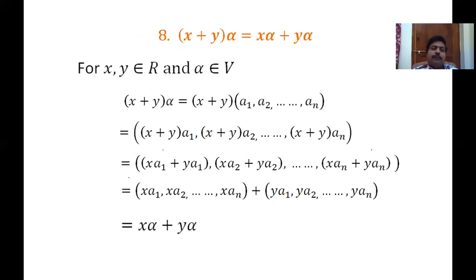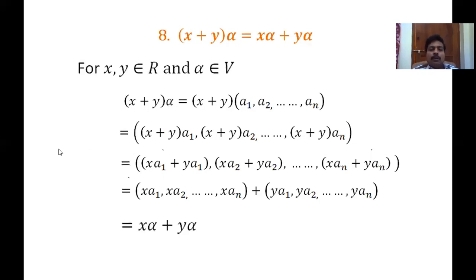Now the eighth one. (x plus y) times alpha is equal to x alpha plus y alpha. So here x and y are real numbers, the scalars, and alpha is the vector that is in V. So (x plus y) times alpha, where alpha is (a1, a2, and so on, an), is equal to: x plus y is a scalar. That scalar is being multiplied by each and every component of the vector.